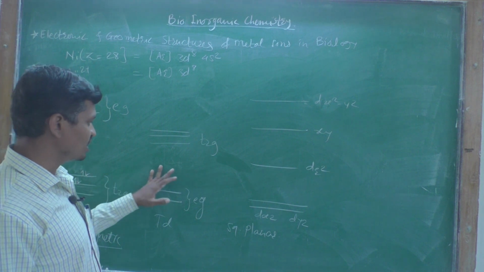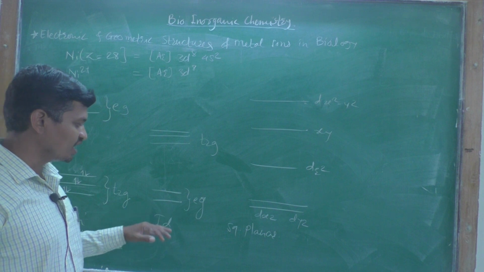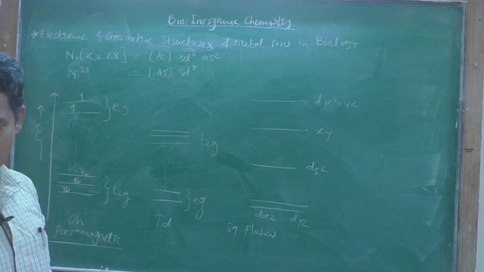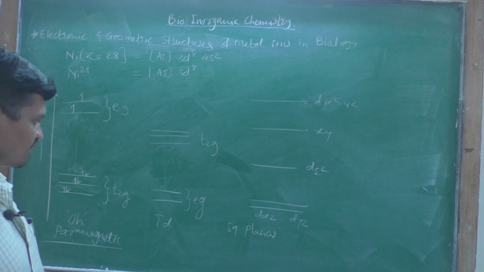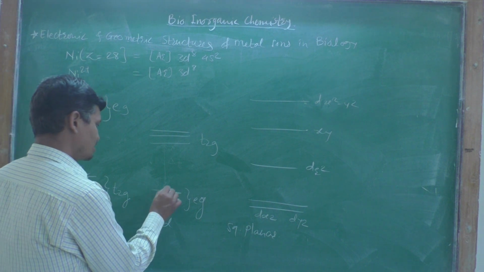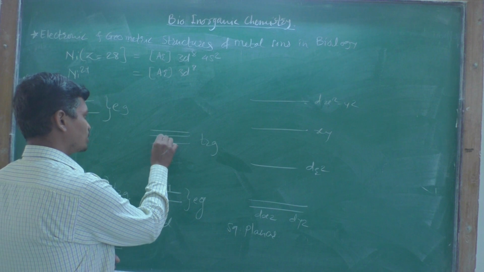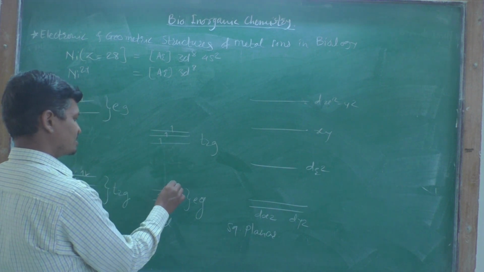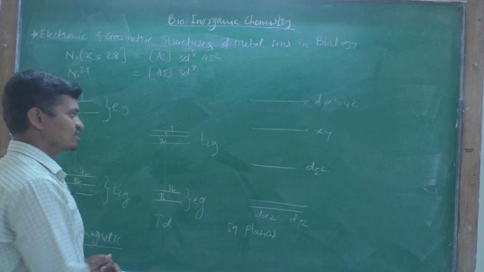Now in case of the tetrahedral ligand field, the situation is different. So 1, 2, 3, 4, 5, 6, 7 and 8.